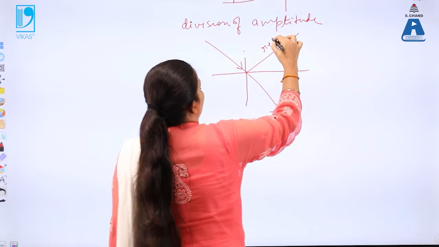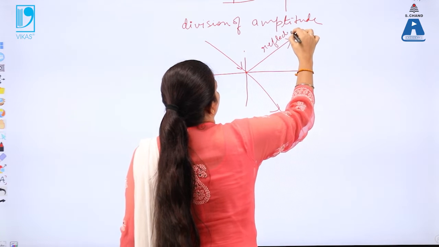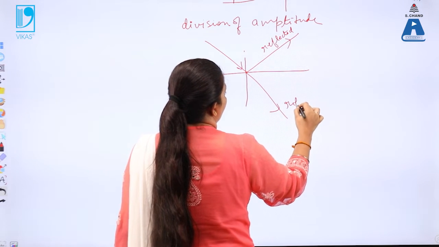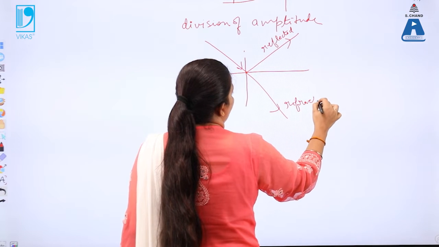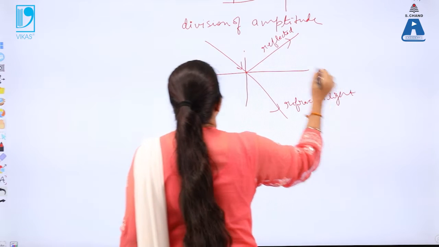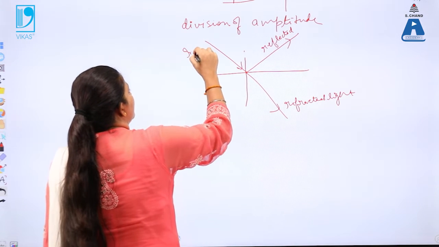This is called reflected light, and this is called refracted light, and here this is the incident beam.